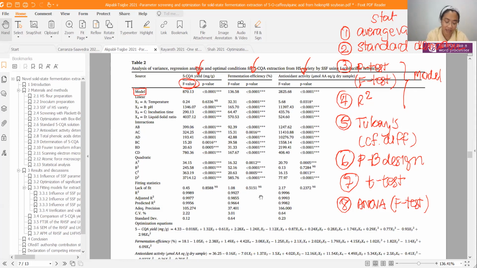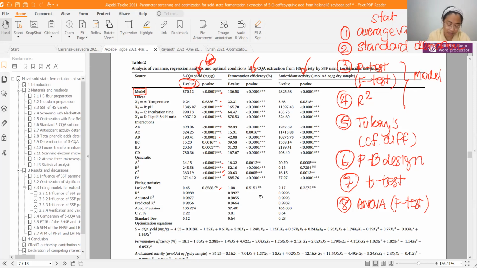All right, for this response, you have 1, 2, 3, 4, 5, 6, 7, 8, 9, 10, 11, 12, 13, 14, 15 and 16. For this one you have 16 different tests in this response alone.